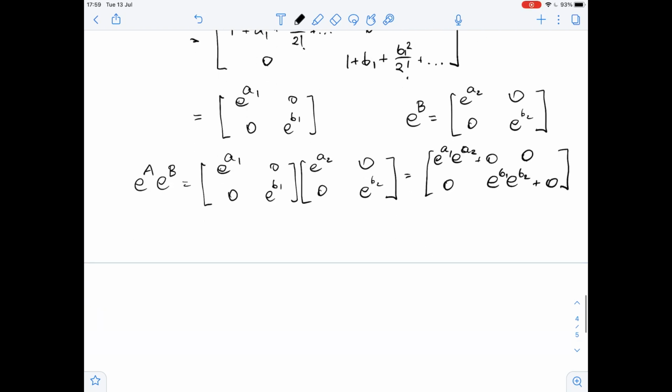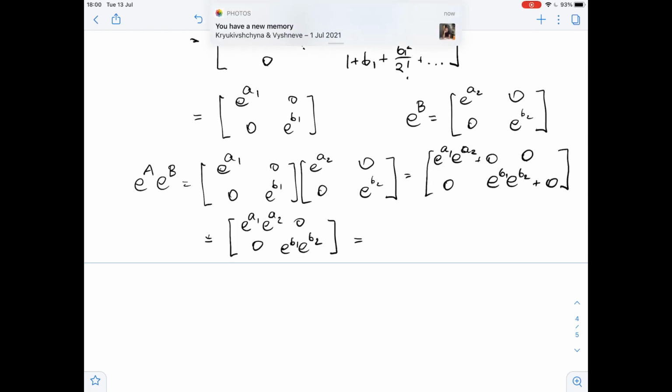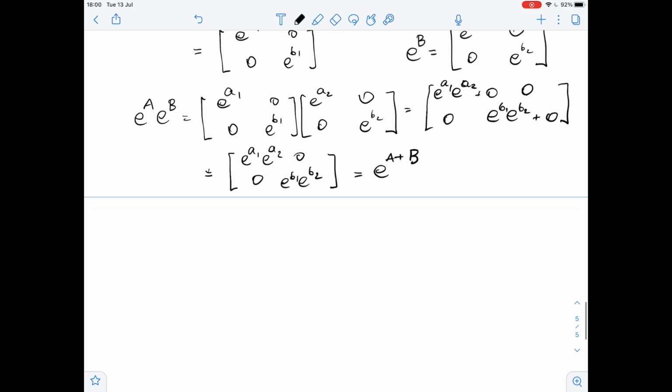And this equals e to the power of A1, e to the power of A2, 0, 0, e to the power of B1, e to the power of B2. And you can see this equals e to the power of A plus B. So we have proven that e to the power of A times e to the power of B equals e to the power of A plus B.